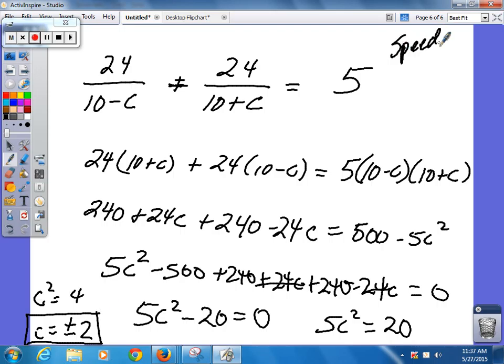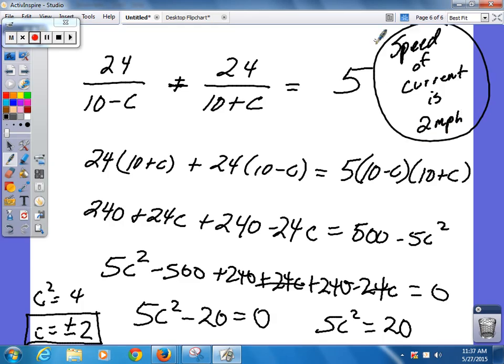I'm sorry, rate of the current, but anyway. Speed of current is 2 miles per hour. And you feel good about yourself. Okay. That's that.